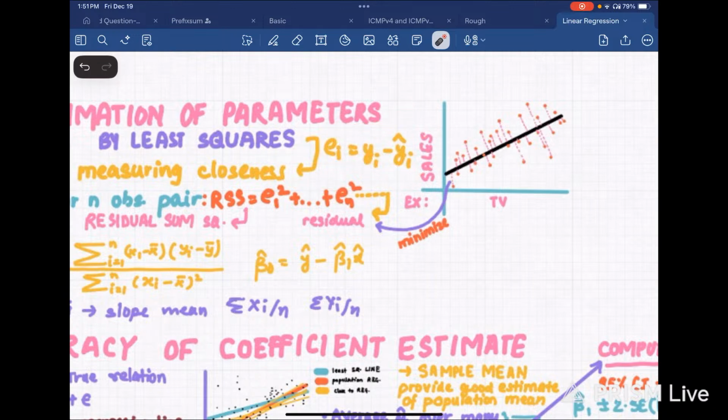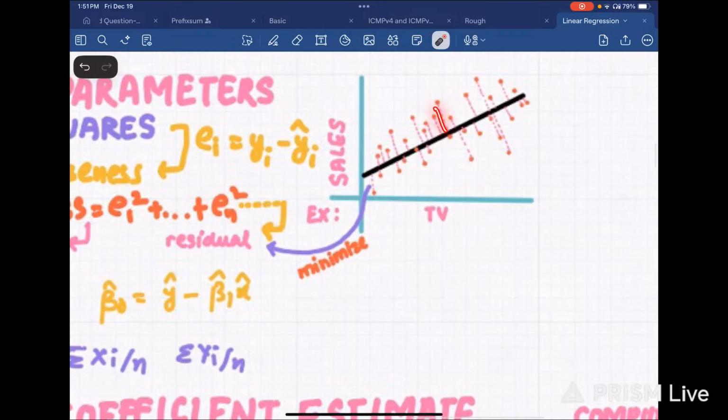What this actually means is, let's take an example. We have TV and sales as x and y plots, and we have drawn a line. How this line is drawn is based on these points: we drop a perpendicular onto the line, and that gives us ei.